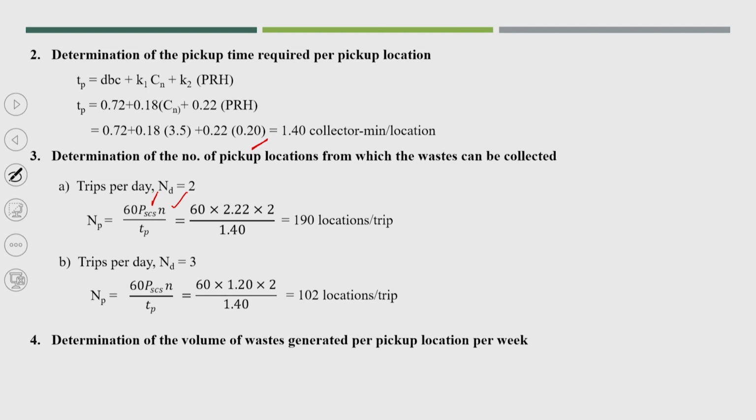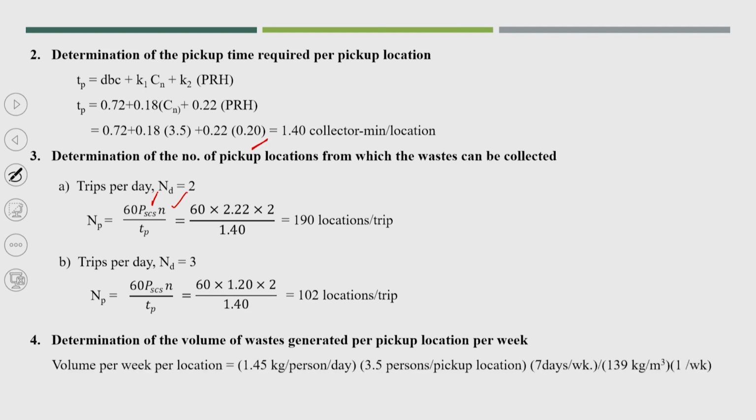So, we can calculate in a similar way the volume of waste generated per pickup location. Okay. In the similar way, first we can calculate the quantity of waste generation divided by density. So, that is coming out 0.256 meter cube per location. Now, we will calculate the truck volume, first for ND 2.